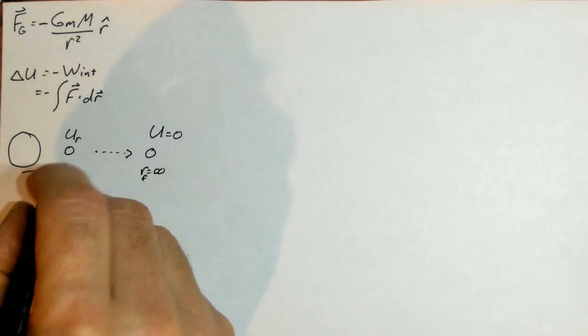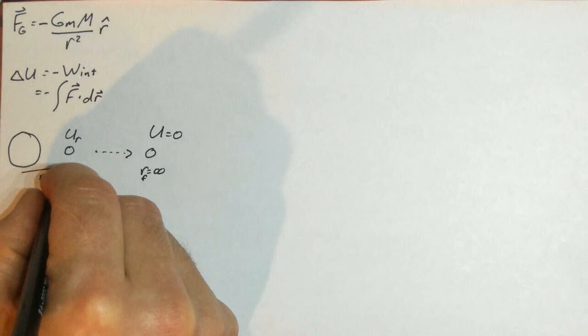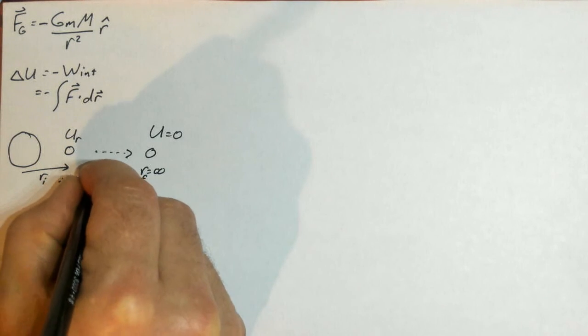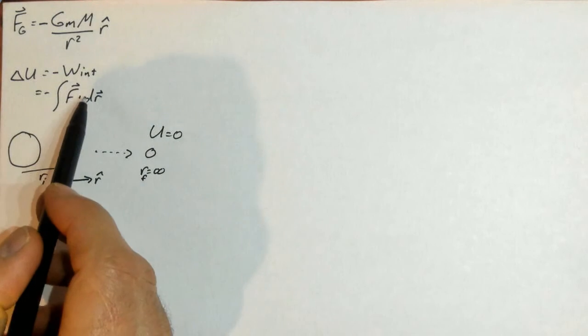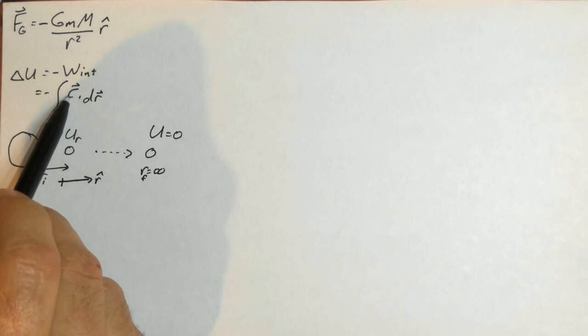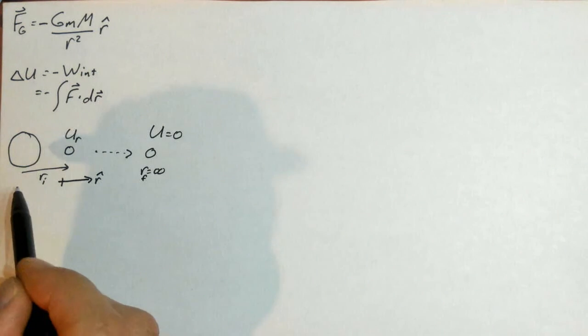Okay, now what we're going to do is we're moving this object way out there. So we're choosing our direction for r hat. It's away. So this dr points away. Okay. Now the force points towards it.